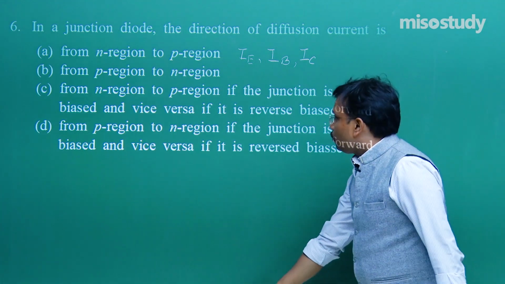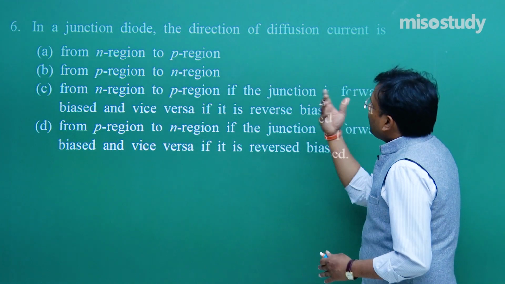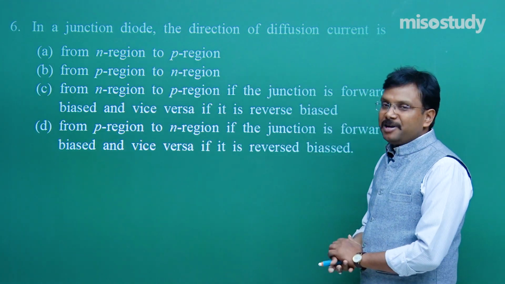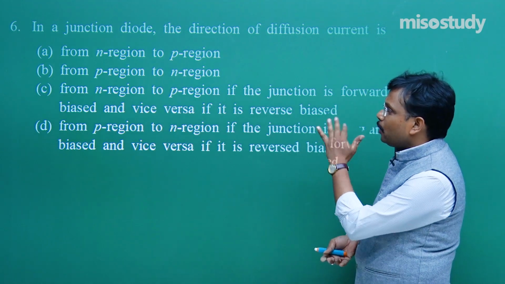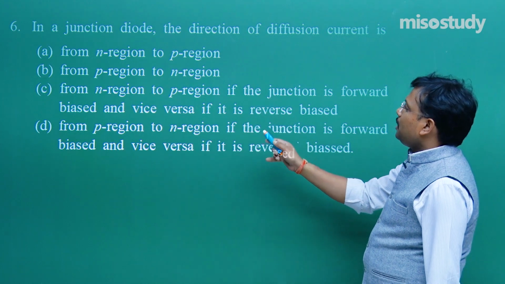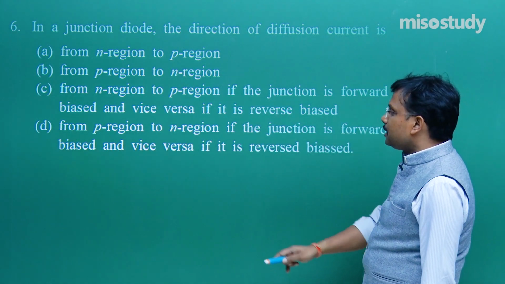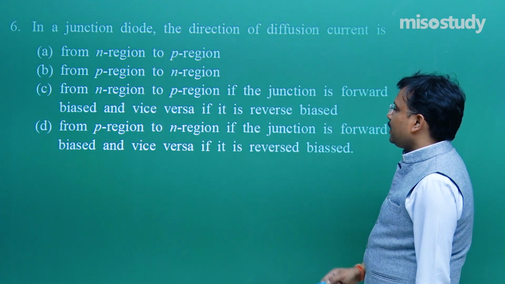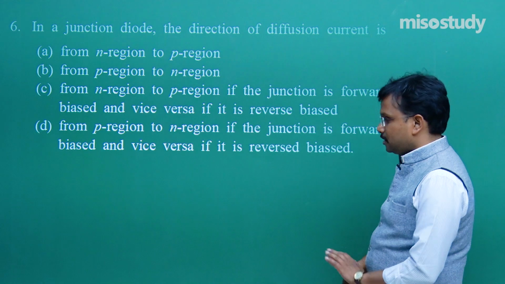Okay. So, once these terms are not new for you, what is the direction of diffusion current in a PN diode? From P to N, fine, or reverse of that, from N to P? From P region to N region if the junction is forward biased and vice versa if it is reverse biased.